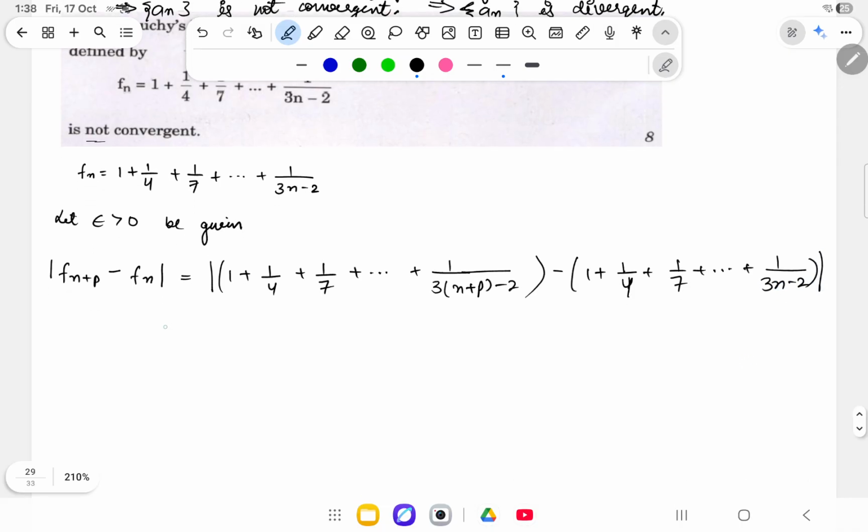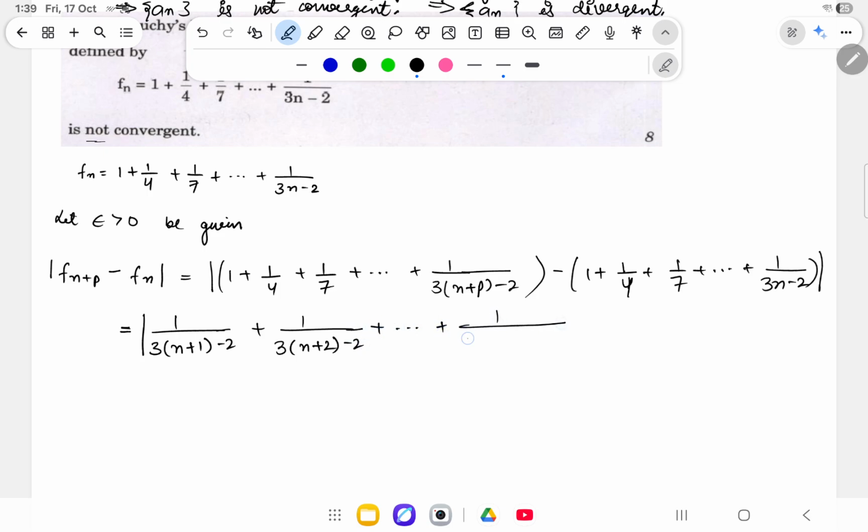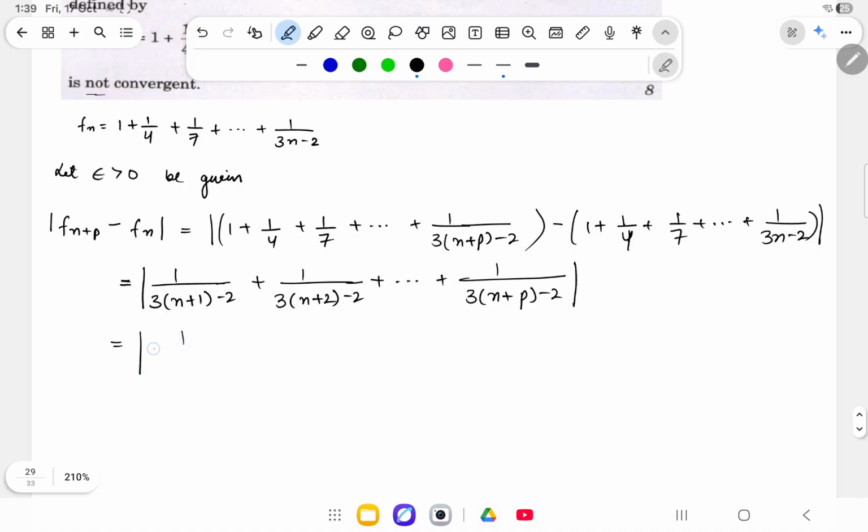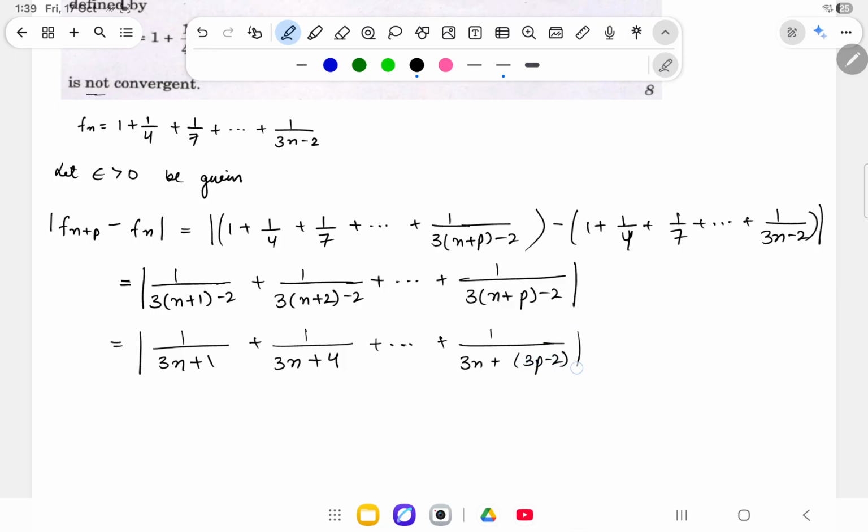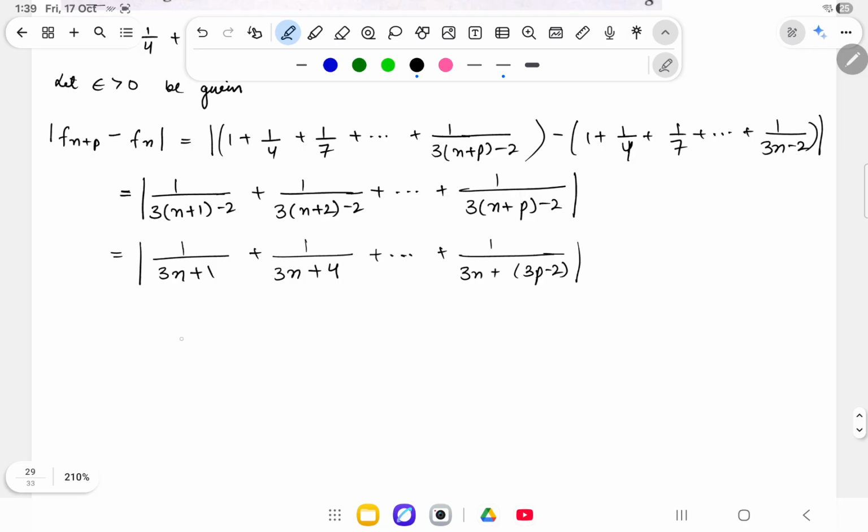Now if we simplify these terms, we'll be left with 1 divided by 3 into n plus 1 minus 2, plus 1 by 3 into n plus 2 minus 2, up till 1 by 3 into n plus p minus 2, and it simplifies to modulus of 1 by 3n plus 1 plus 1 by 3n plus 4 up till 1 by 3n plus 3p minus 2, which is equal to, since all these terms are positive, I can just take them out of the modulus sign, 1 by 3n plus 1 plus 1 by 3n plus 4 up till 1 by 3n plus 3p minus 2.